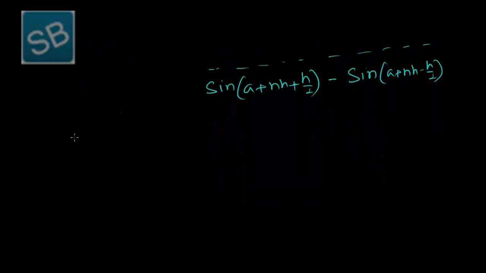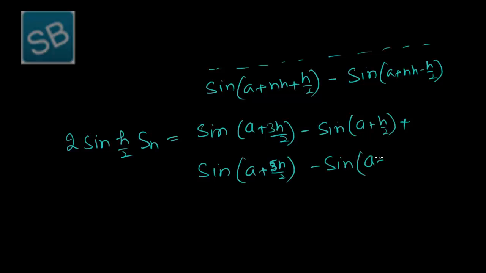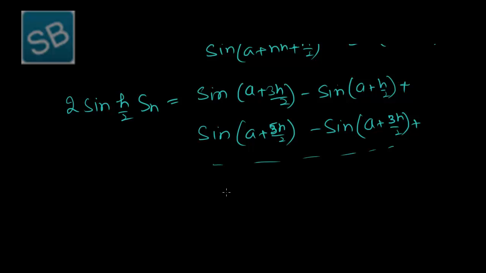Let's see. 2 sin(h/2) Sn is equal to sin(a + 3h/2) minus sin(a + h/2) plus sin(a + 5h/2) minus sin(a + 3h/2) plus so on, up to sin(a + nh + h/2) minus sin(a + nh - h/2).